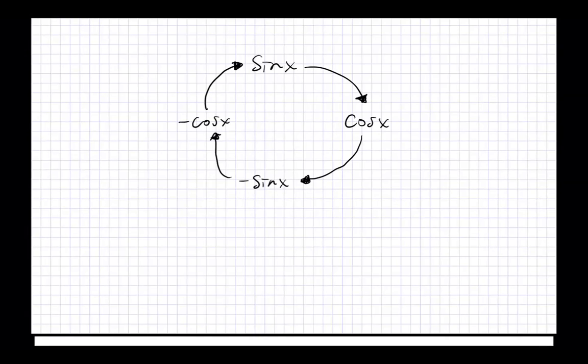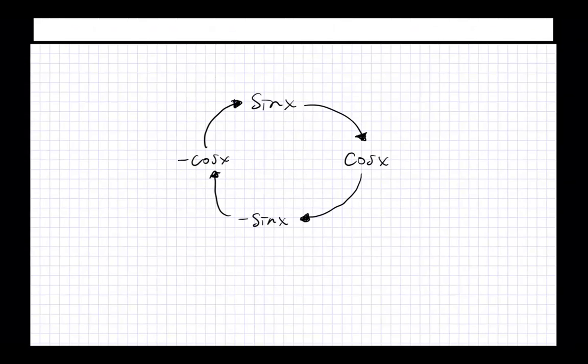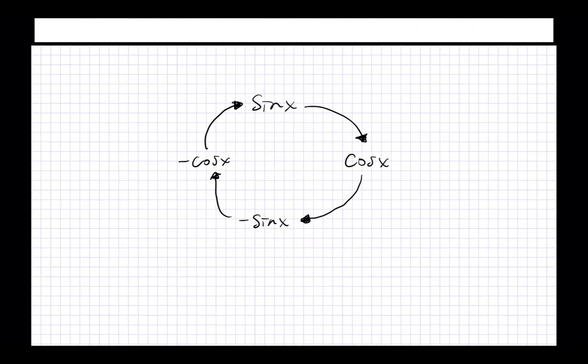So anytime you see a cosine or a regular sine, you should know exactly what the derivative is going to be, because it's just a rotating wheel.